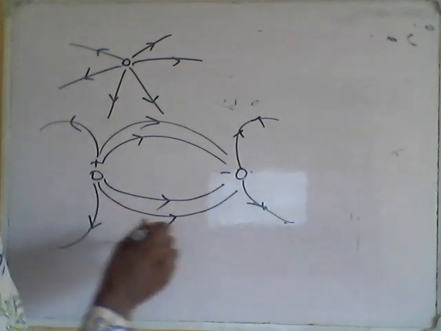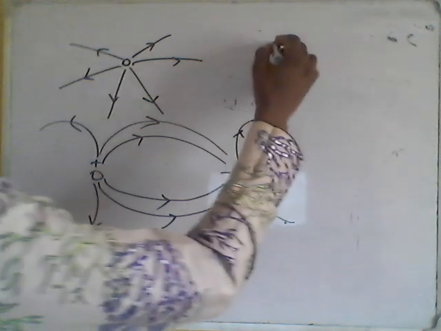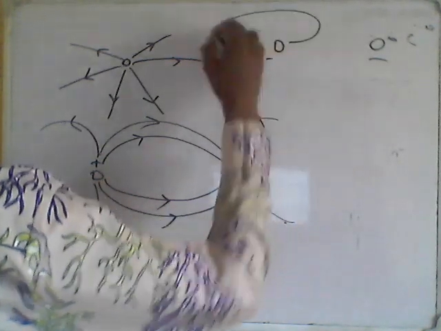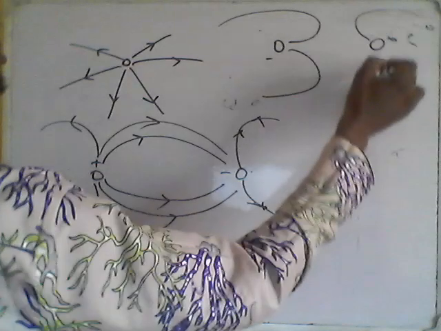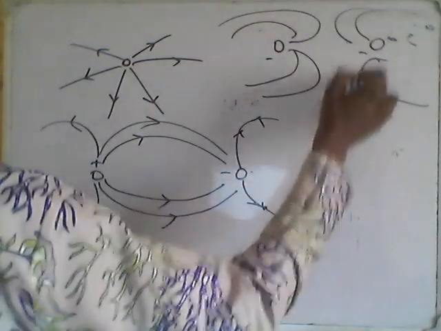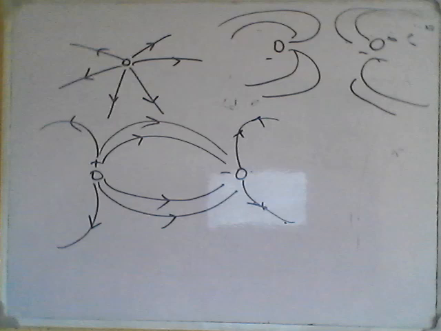If it's actually repulsion, if there are two charges that are alike, you see that there's a repulsion like this. So there are two kinds of lines of force, attraction and repulsion.